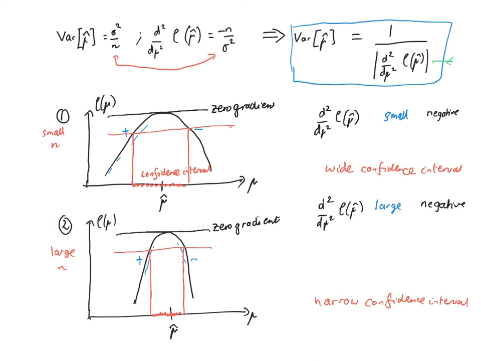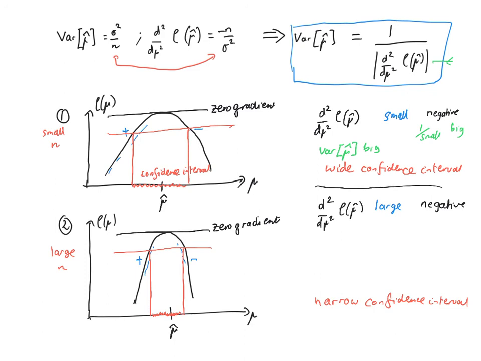And 1 over small is big. So this means that the variance of mu hat is going to be big. That makes good sense, because we've seen that the associated confidence interval is wide. A big variance means unreliable, which means the confidence interval is going to be wide.